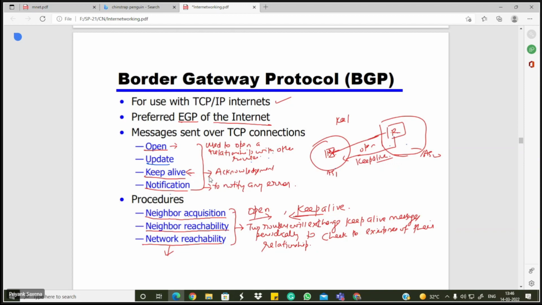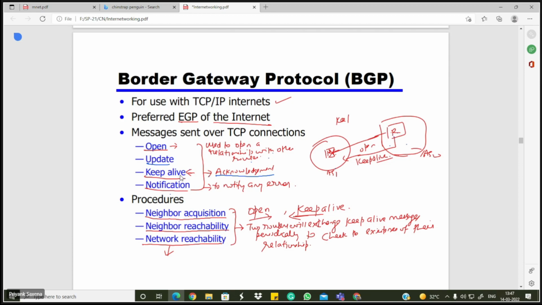So the keep alive message is used as an acknowledgement, right? And this keep alive message has two purposes. First, it is used for acknowledgement, and it is also exchanged to say that their relationship still exists. From time to time, the routers exchange keep alive messages with each other to say that their relationship still exists between them.